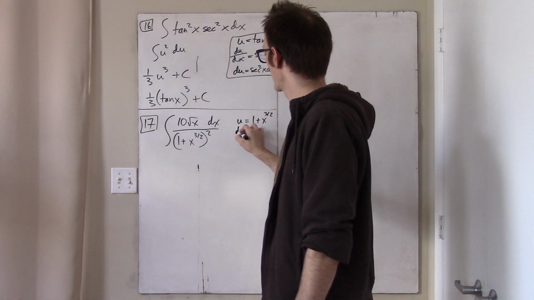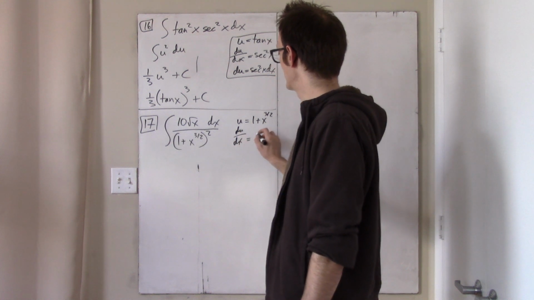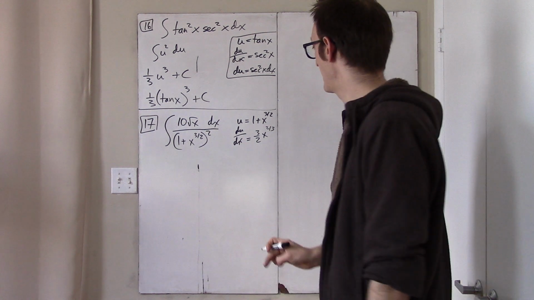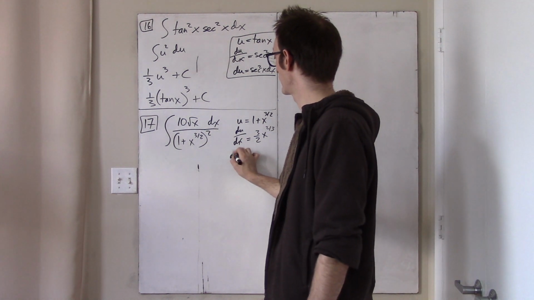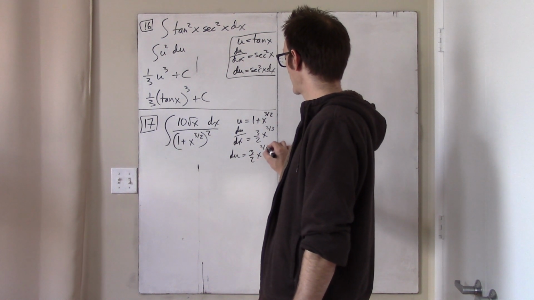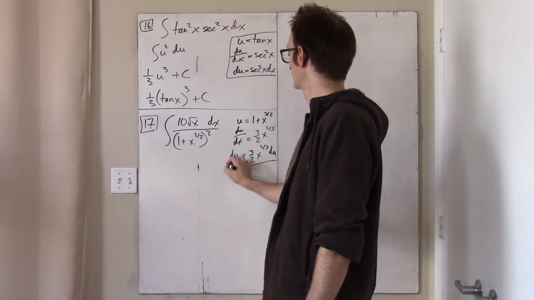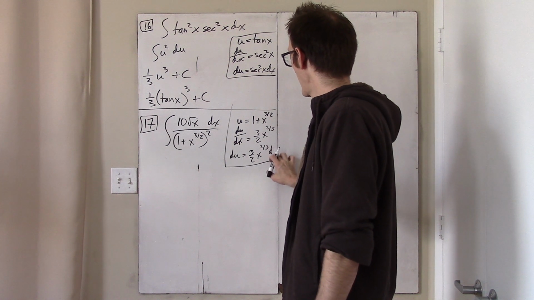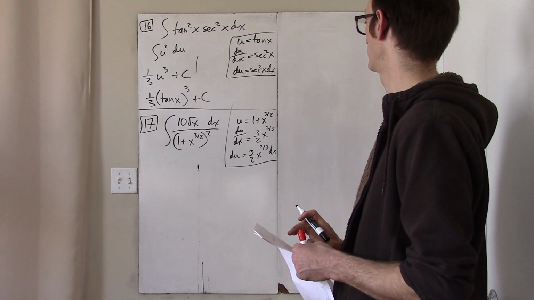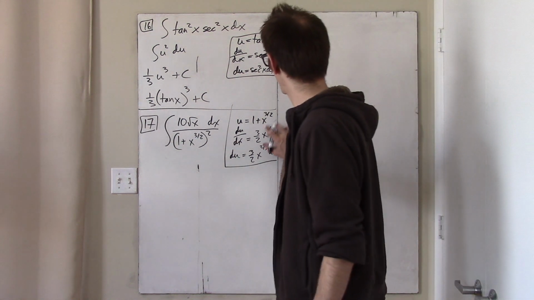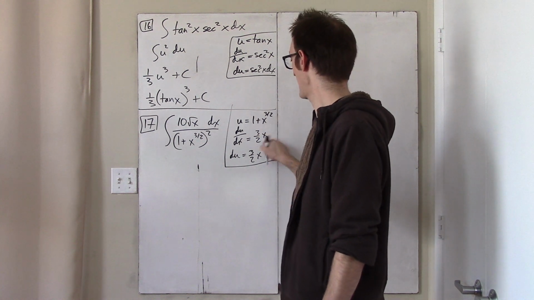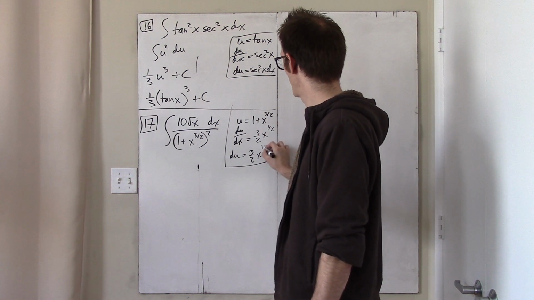And if I do that, du dx is... sorry, that's all wrong what I said. The derivative of x to the 3/2 is 3/2 x to the 1/2, is what I meant to say.